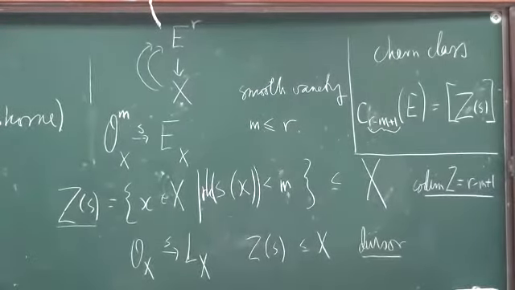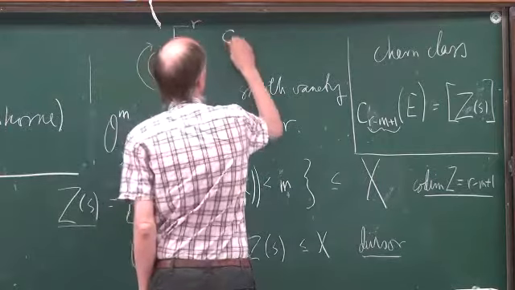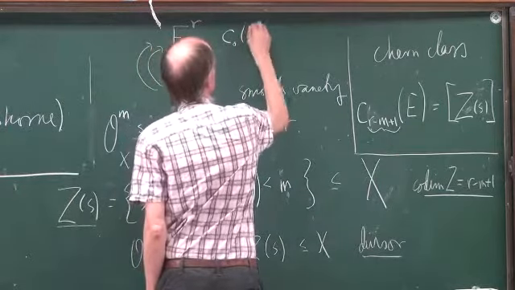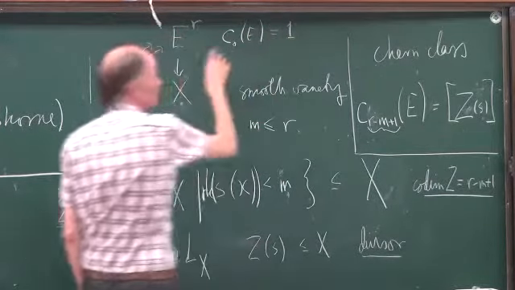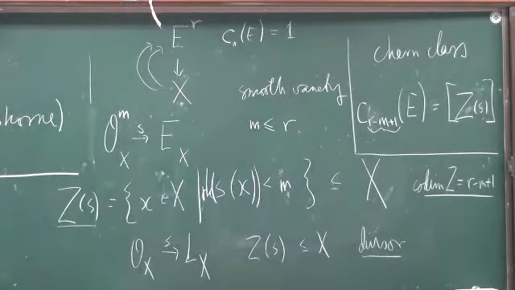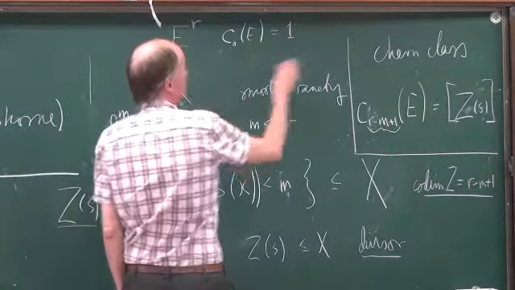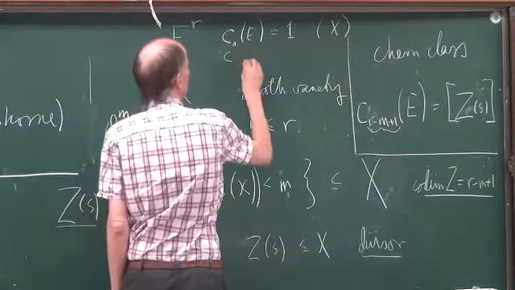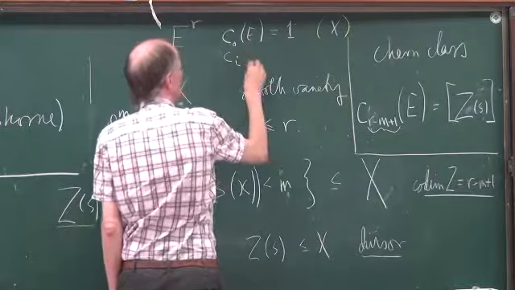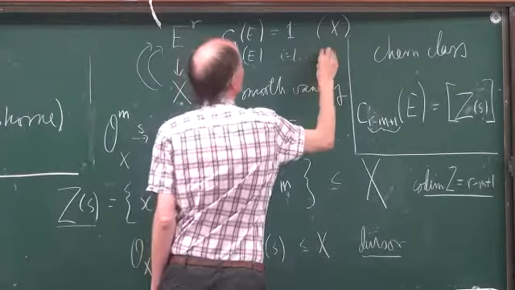So what this means is that for E you have Chern classes C0. This is just 1, because this is really the name for the whole X. Now similarly Ci of E, i equal to 1 up to r.